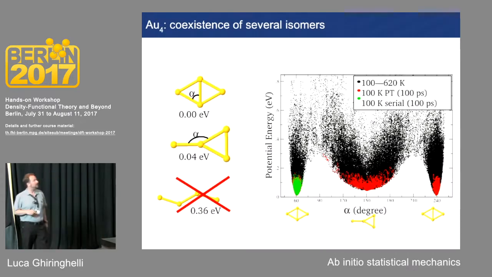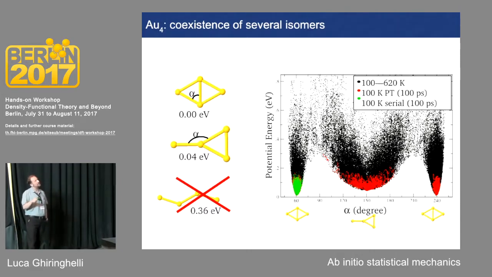And to show quickly an application that has been done in my group, let's say that we simulate a cluster of gold 4, and after the simulation, one sees that these two are predominant structures. And then I decide that the variable of control is this angle here, and I get the population of the different phases.